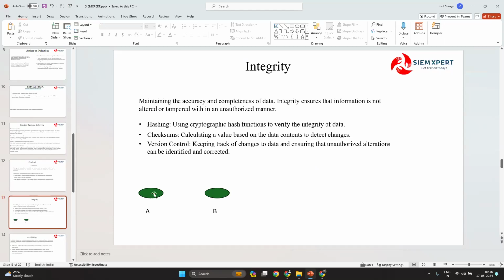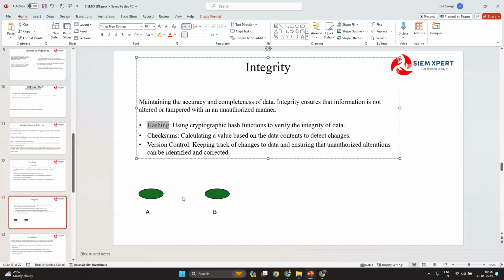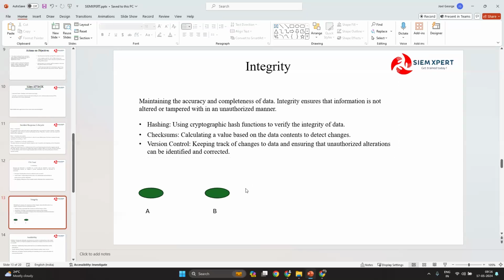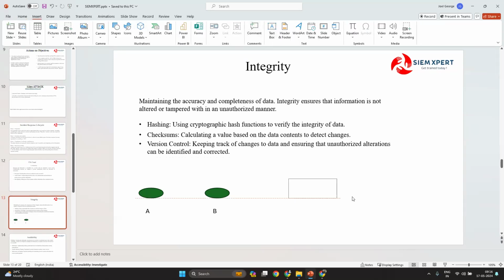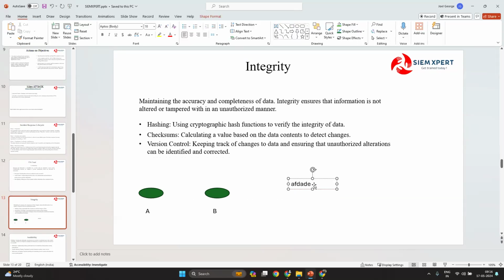So A would write a message and send it to B. A would also give the hash of that message. Let's say I make a hash of whatever I've written, and the hash of the message would be something like this. A would send B the hash through a different, secure medium.